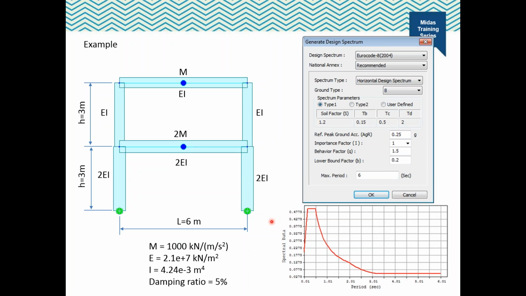We have seen that for the SDOF system, the peak response can be determined directly from the response spectrum for the ground motion without carrying out a time history analysis. Now, let's see how the peak response of MDOF system can be calculated from the response spectrum using this example.